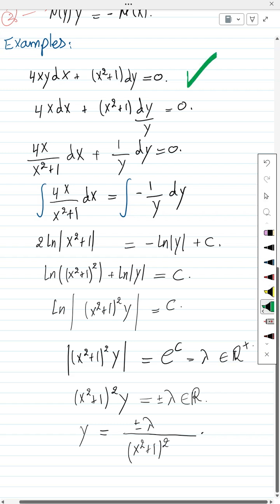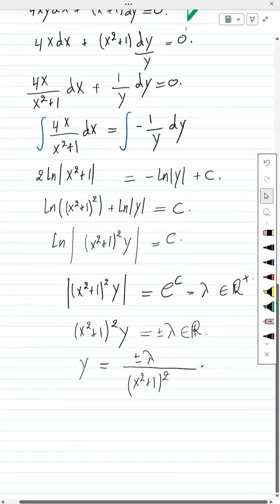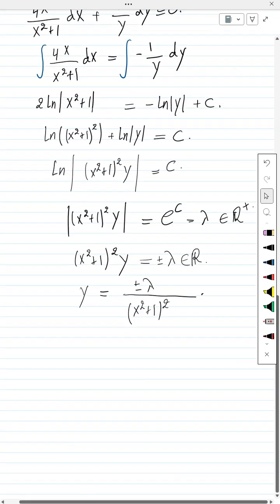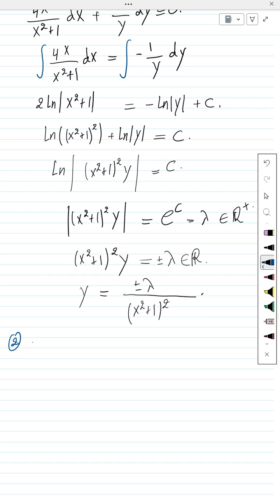And if you want to verify that it is satisfied, we just need to take the derivative of this and replace it right here, and we will get our answer. Let's see another example. Yes, let's see the second example, and they are all easy examples, just to get the concept of differential equations.